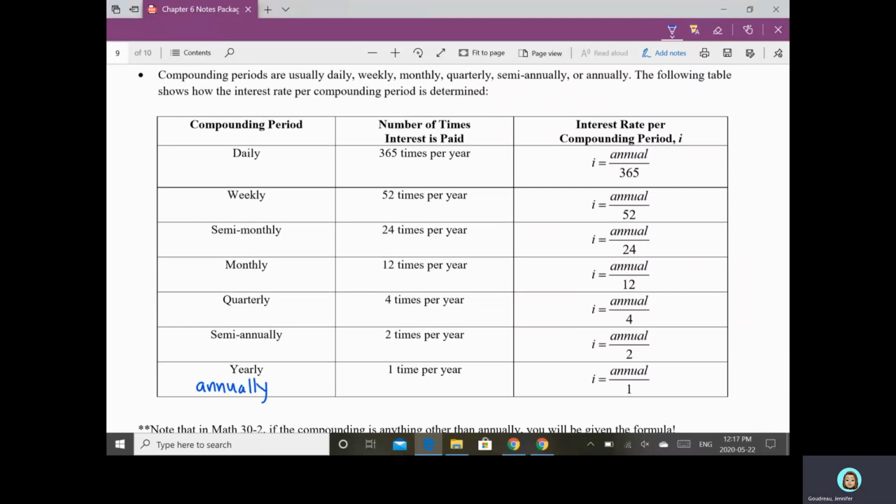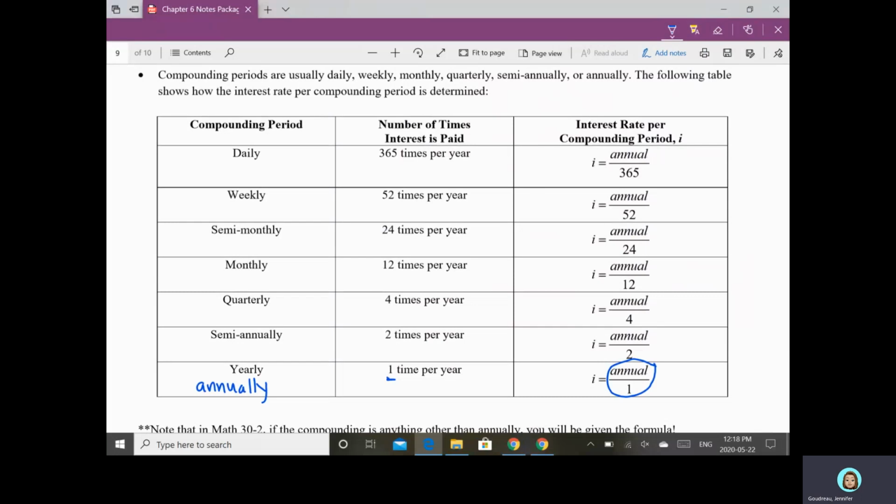When we are compounding yearly or annually, that means that our interest is being added once per year. And what it means is that I is just going to be the same as the annual interest rate. So this is the most simple kind of question to do when we are compounding annually, because I and N are just going to look like the annual interest rate and the number of years.